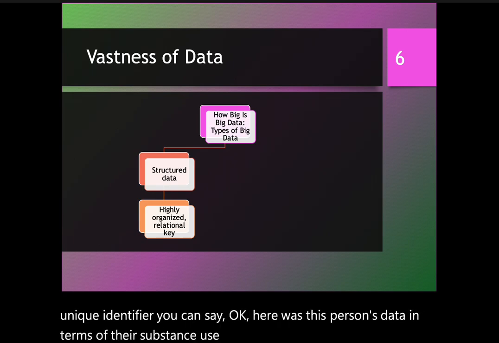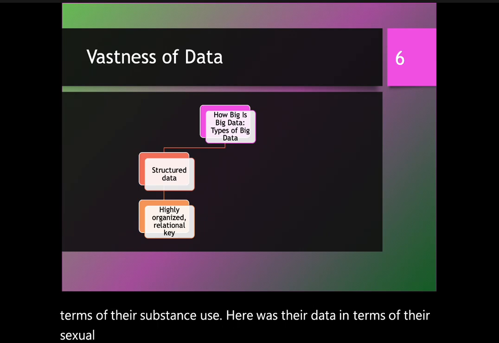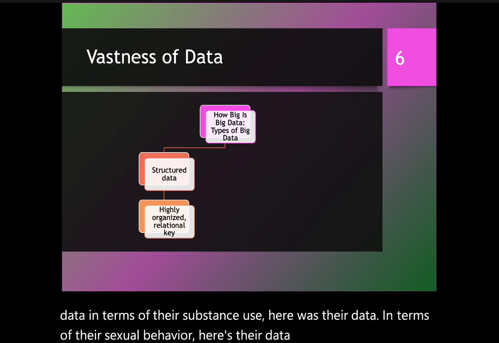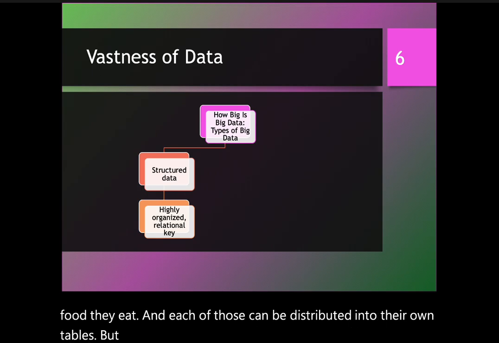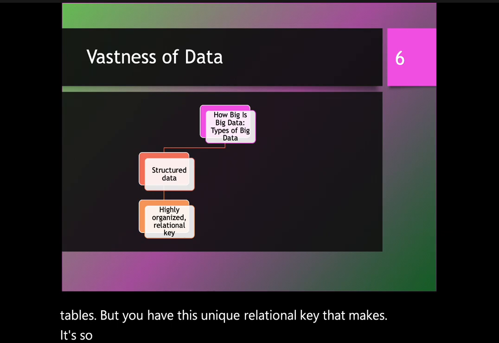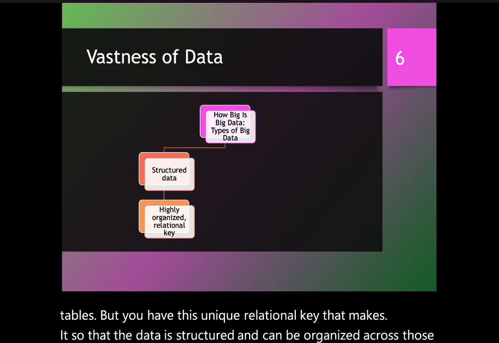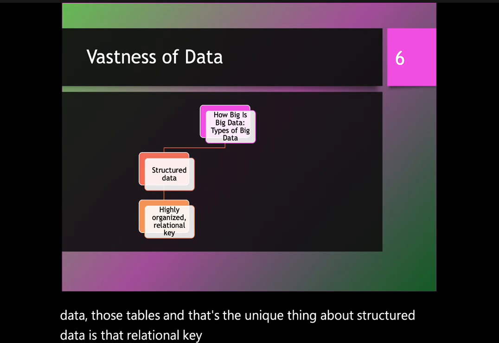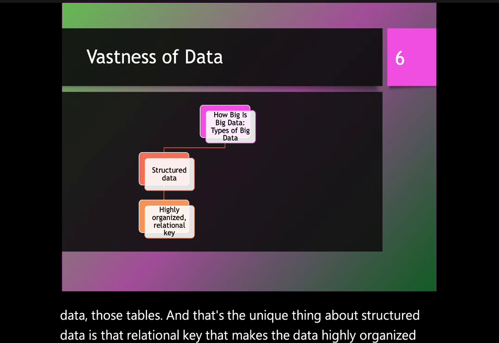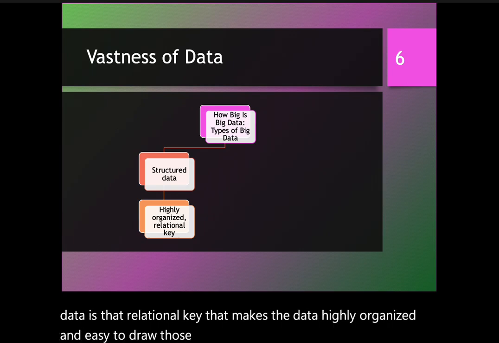Here was their data in terms of their sexual behavior. Here's their data in terms of what type of food they eat. And each of those can be distributed into their own tables. But you have this unique relational key that makes it so that the data is structured and can be organized across those tables. And that's the unique thing about structured data, is that relational key that makes the data highly organized and easy to draw those comparisons.